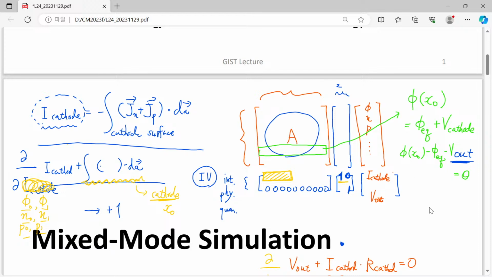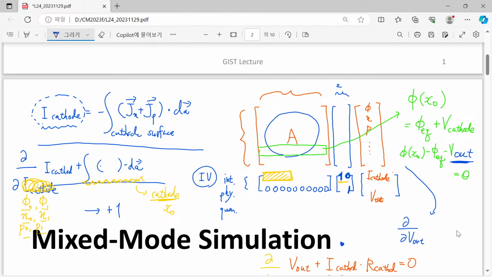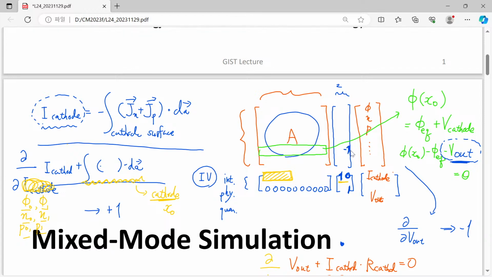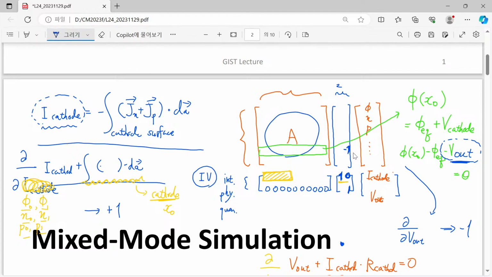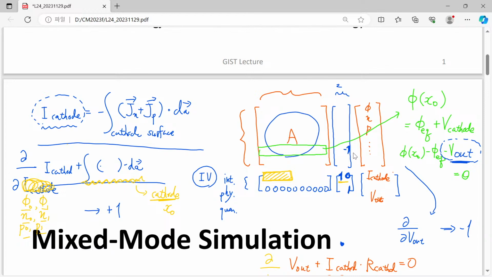So when we take the partial derivative of this residue function with respect to V out, it will give number -1 originated from this term. So simply speaking, you must have here -1 for your Jacobian matrix. So are you with me?